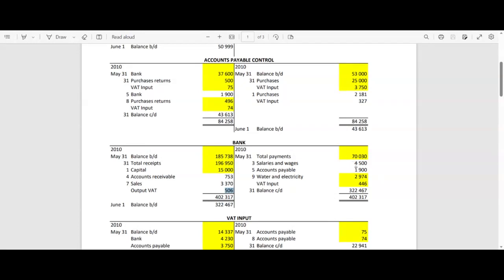They happen to be the same individual amounts, but remember, in reality, these are the totals of your columns. And for the water and electricity, we didn't have a column, so we had to use the sundry column. That means we are going to debit the water and electricity expense of 2,974, and we are going to debit the VAT input of 446 rands.